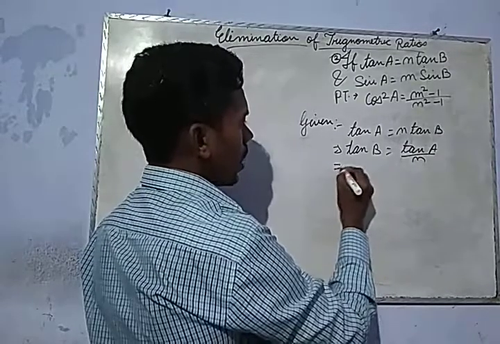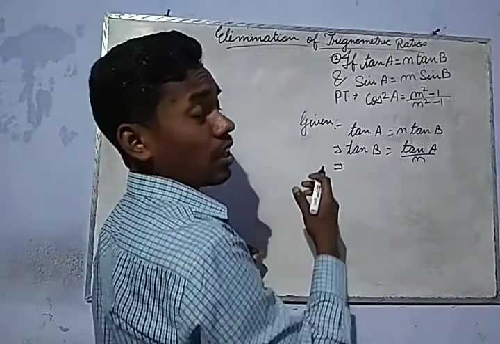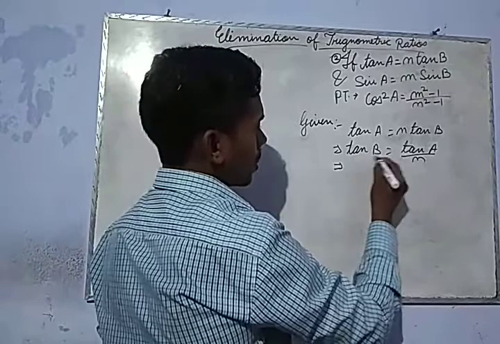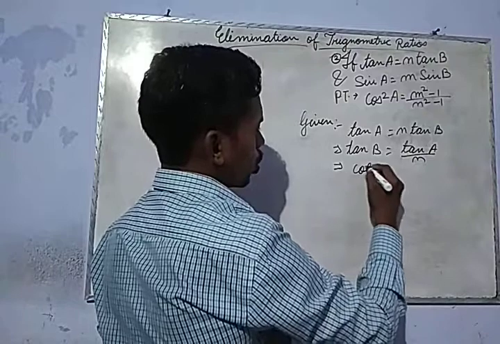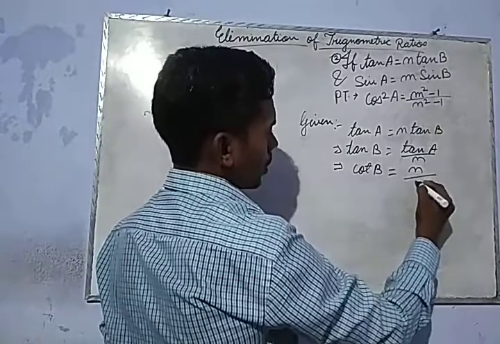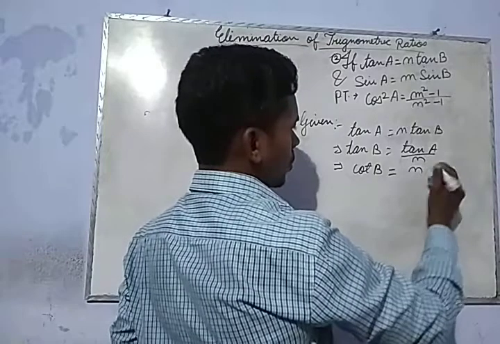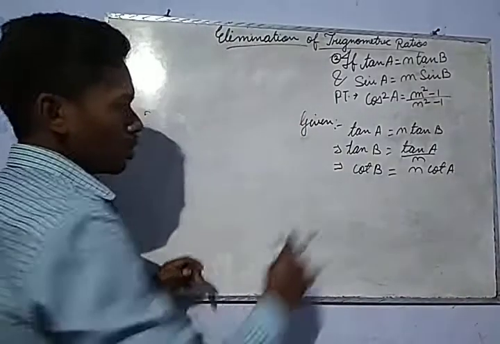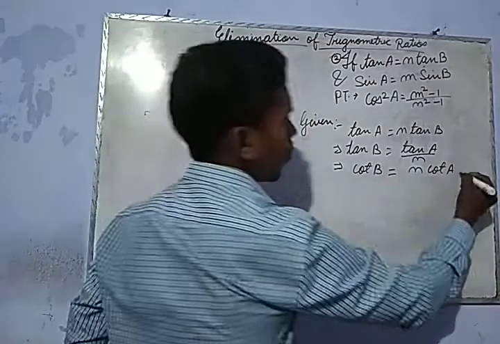After that, we need to get this into cot so that we can apply the formula cosec square theta minus cot square theta equals 1. So we will take the reciprocal on both sides. So cot B will be equal to n by tan A, that is n cot A. So cot B equals n cot A. So we got this first equation.